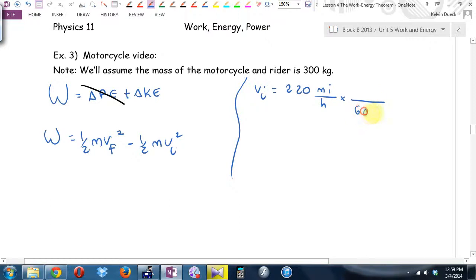If I put 60 miles per hour, that's the same as 100 kilometers per hour. So now I'm in kilometers per hour. If I go 220 times 100 divided by 60, how can I go from kilometers per hour to meters per second?